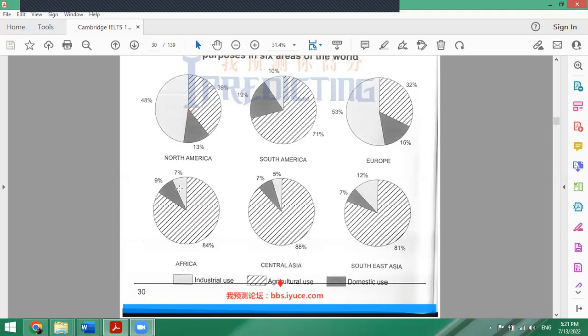So I'm not going to say everything here, 7, 5, 12, because we have 6. If we had 2 or 3, I would be able to cover every number. So that's why I just noted Europe and North America for industrial use, and I just quickly wrote about the 3 other regions which use less amount of water for industry.